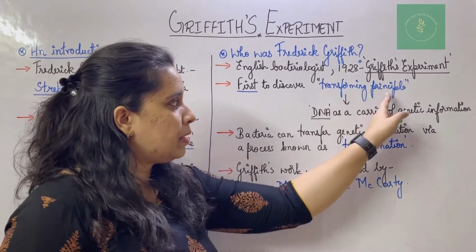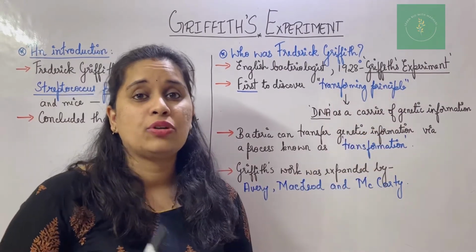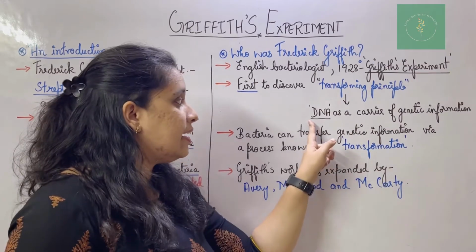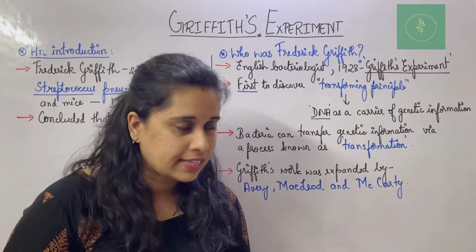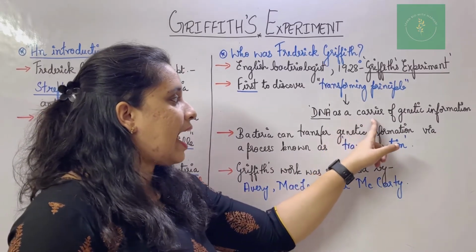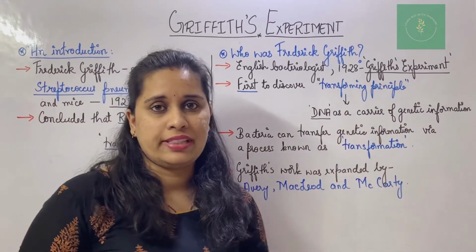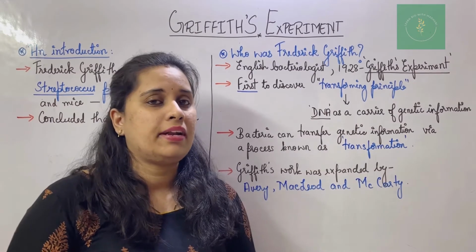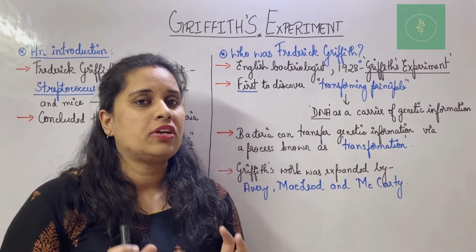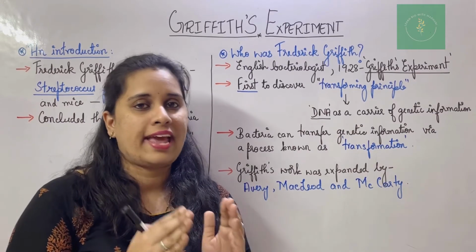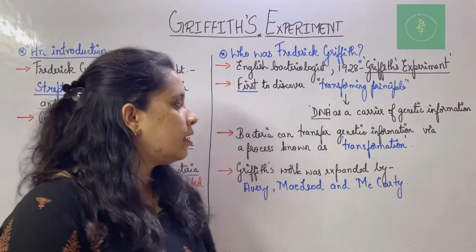The transforming principle also led to the discovery that DNA, which is deoxyribonucleic acid, is a carrier of genetic information. That means this genetic material could carry certain or particular information from one organism to another.